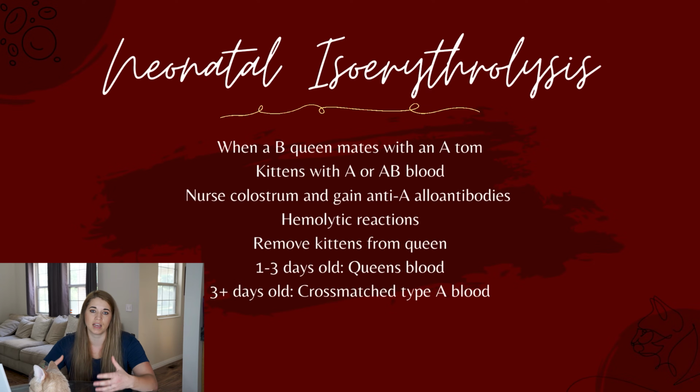But it takes a few days for kittens to begin to develop their own alloantibodies, so their own anti-type B antibodies. So until that point, the only alloantibodies that they'll have circulating are anti-type A alloantibodies. So they will not have a severe hemolytic transfusion reaction to their mother's blood.